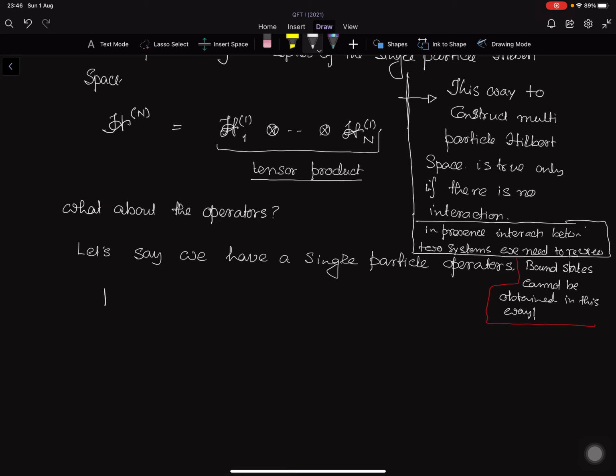So let's say there is an operator F. Let's say there is a state I. This is a state of the single particle Hilbert space.